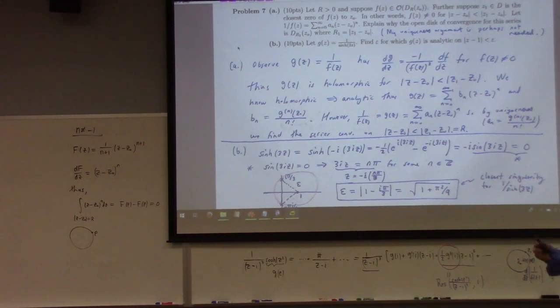Therefore, it must be analytic just the same. There's a unique power series representation for an analytic function because you can calculate it by the derivatives of the function at the center of the disk of convergence. That's why I was arguing uniqueness here. This is what I was trying to fish for, apparently badly.